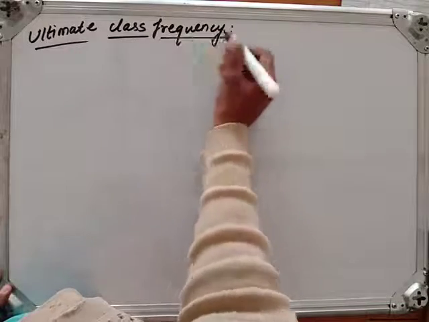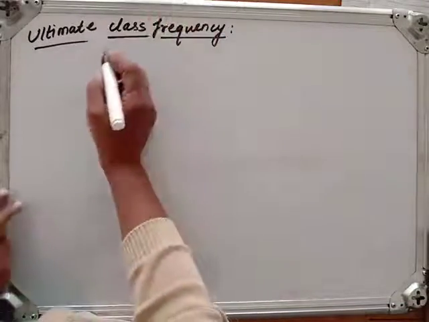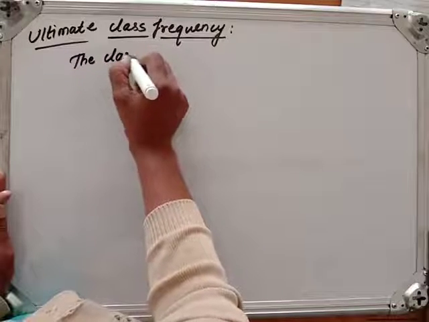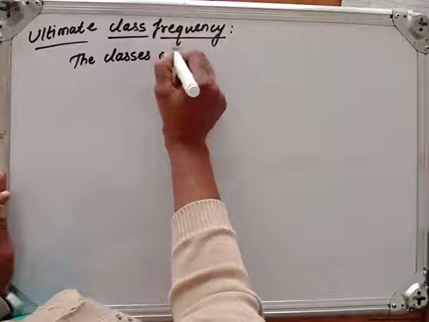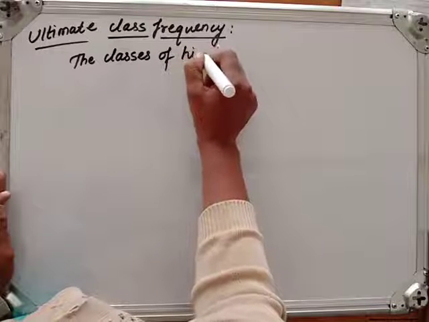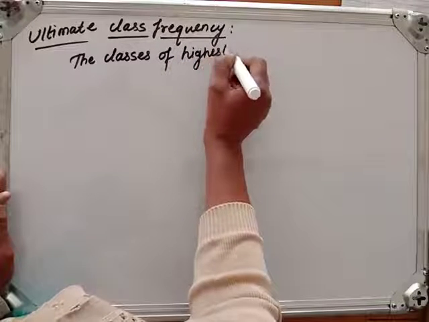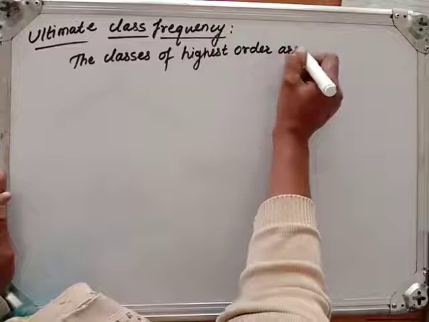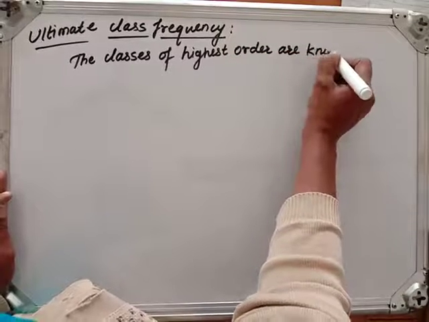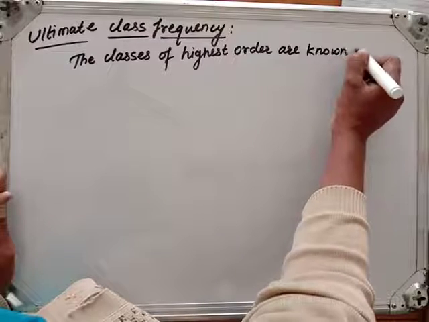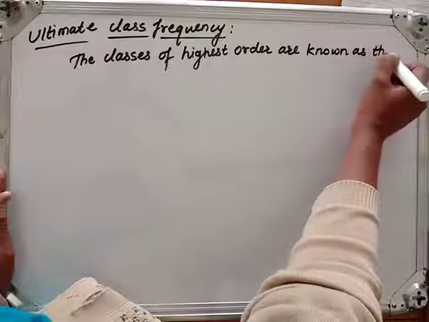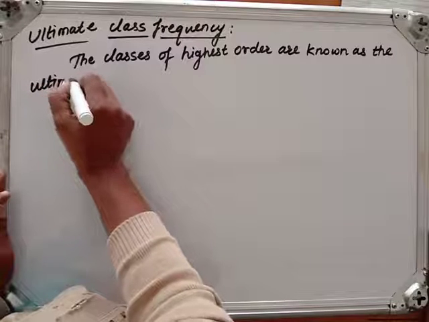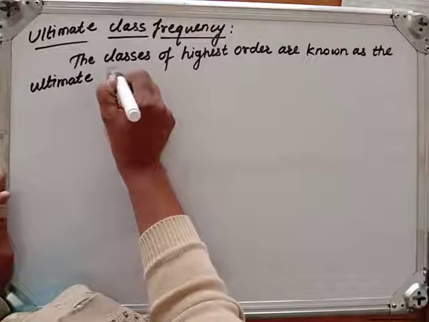Now the classes of higher order or highest order are known as the ultimate classes.